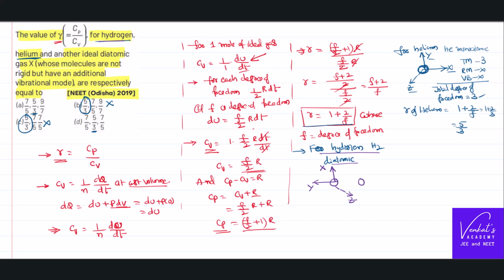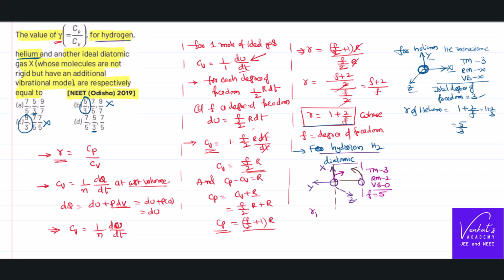Now, about the rotatory motion, taking this as one axis, this particle can rotate around it. That is 1 degree of freedom. The other possibility is taking this as an axis, this also can rotate around it. So it has translatory motion 3 degrees of freedom, rotatory motion 2 degrees of freedom, and vibratory motion is generally not there. So it has a total degree of freedom of 5.